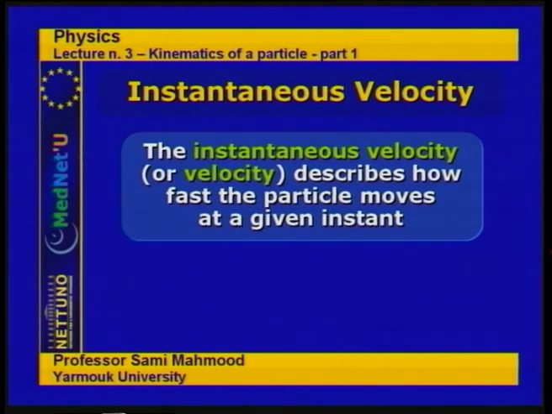If we are concerned with the instantaneous velocity, which means how fast the particle is moving and in which direction it is moving at a specific point in time, what do we do? Previously, we have defined the average velocity. We have described how to calculate the average velocity, which is the velocity during an extended period of time.